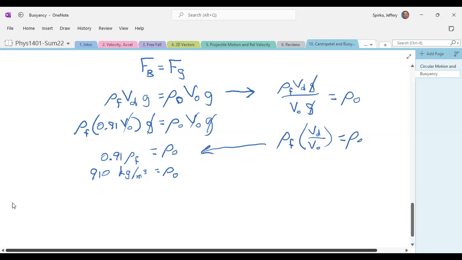The other, so this is an example for a light floaty object like ice or wood or something like that. The other case is a heavy sinking object. So let's do an example for that.